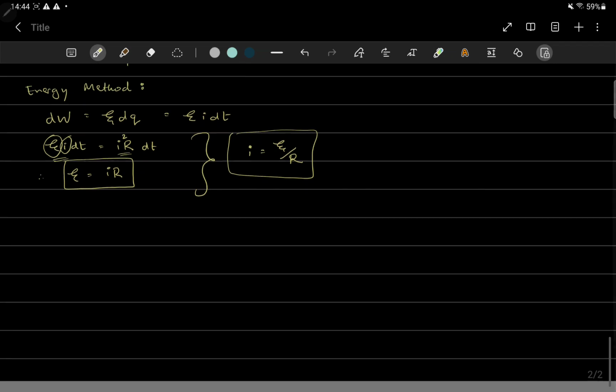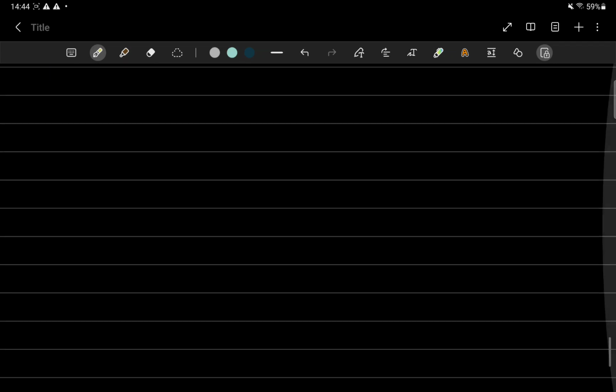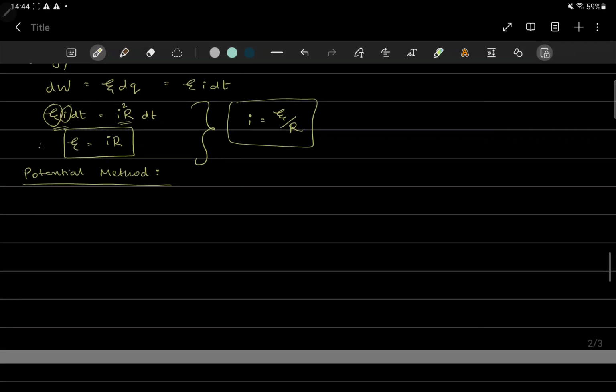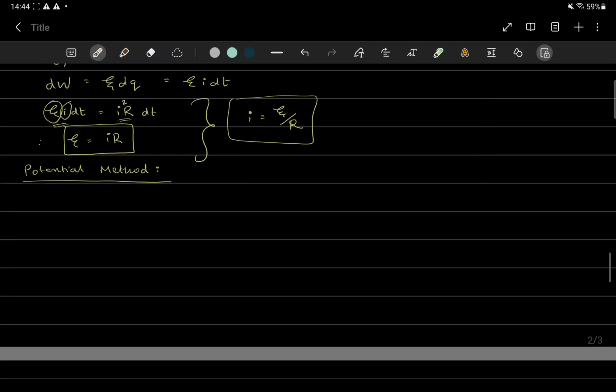Now, there's another method through which we can find the current in a single loop circuit, that is called the potential method. And the way we figure out this is via something called the loop rule. So let me write what the loop rule is.